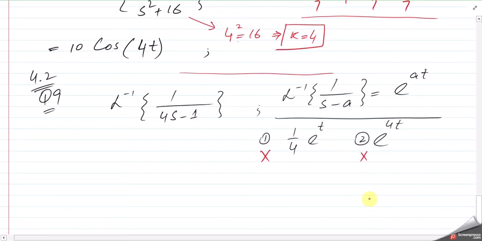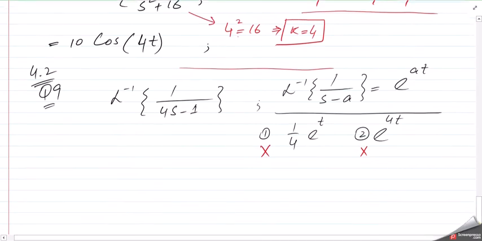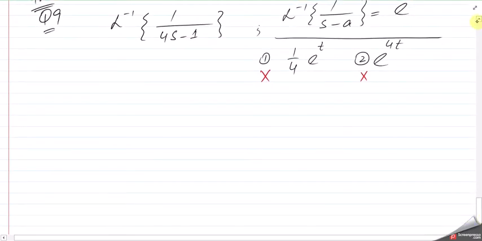So those who have voted for 1 are not correct, and those who have voted for 2 are also not correct. That was the good news part.